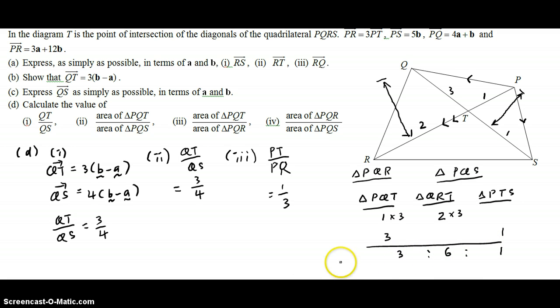So the answer is 9 over 4. Area of triangle PQR over area of triangle PQS equals 9 over 4.